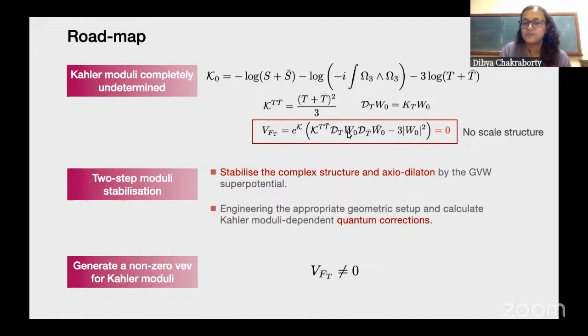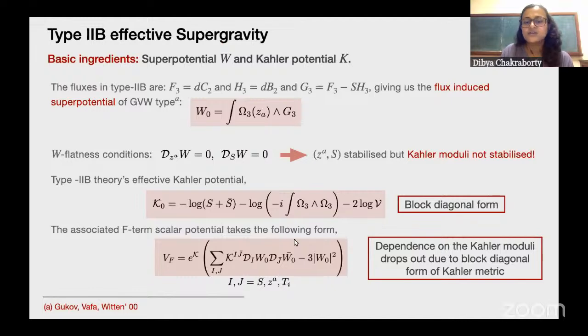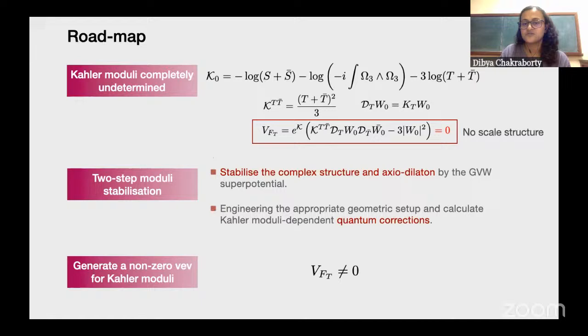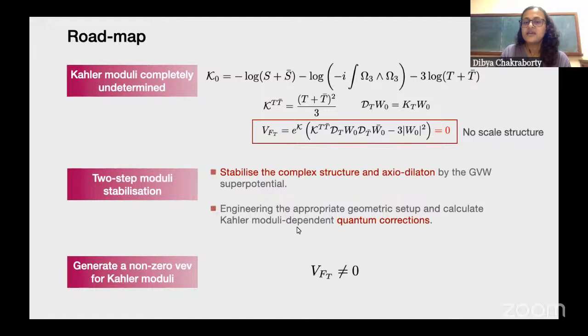So if you simply plug in, I can go back, yeah. If you simply take a derivative of this, volume can be written in terms of this T plus T-bar divided by 2 or something. Then if you take a derivative of this volume and simply plug in here, taking the covariant derivative, then if you do this simple calculation, you will see that the scalar potential for this scalar moduli drops out.